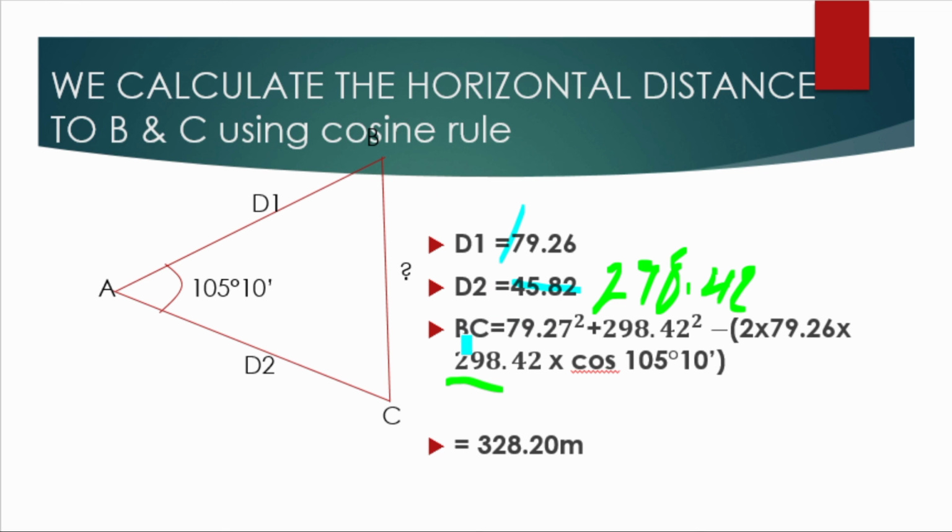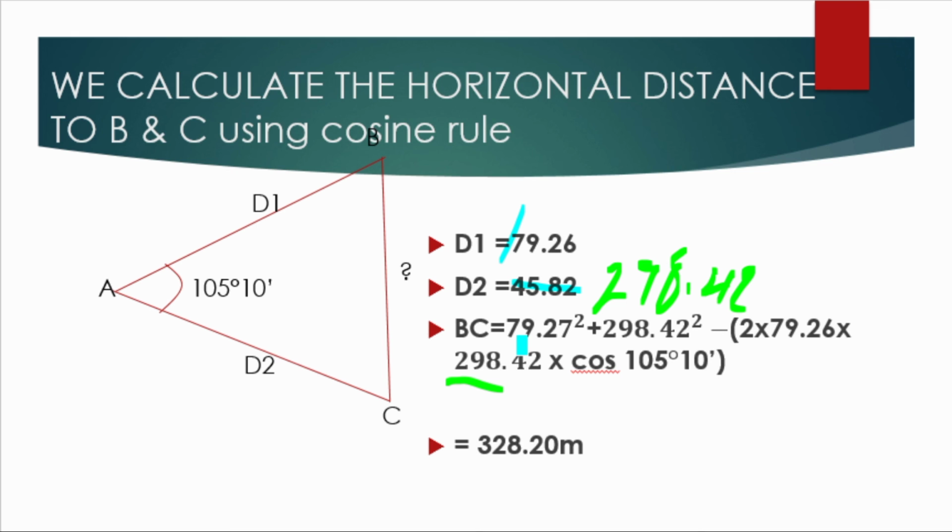So by use of the cosine rule, BC squared is equal to what we have here. This is the representation of what I did.